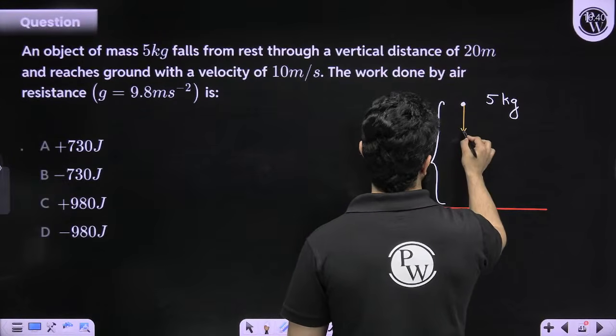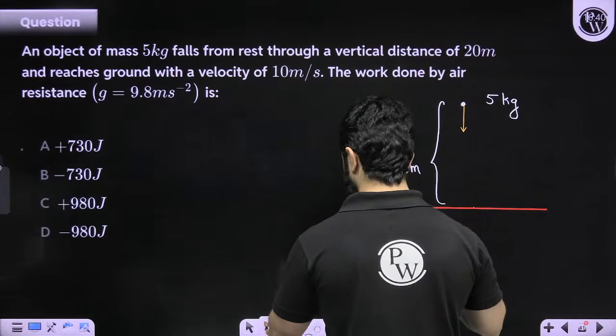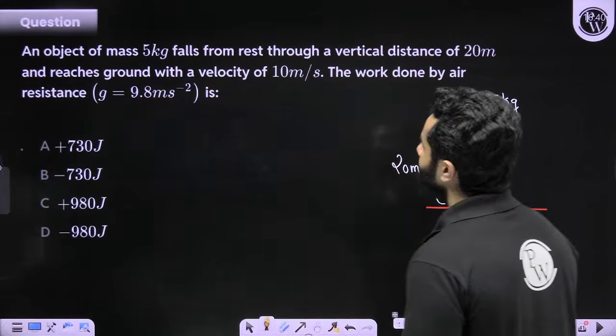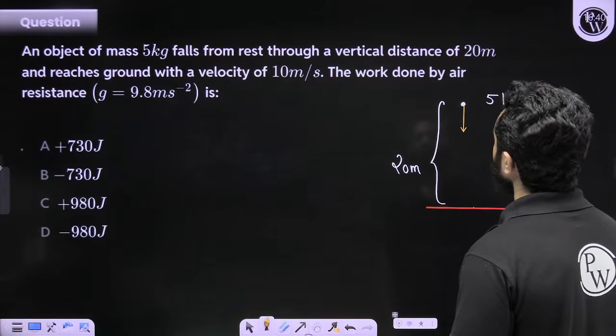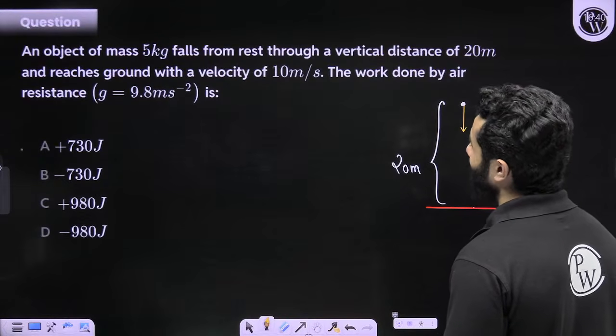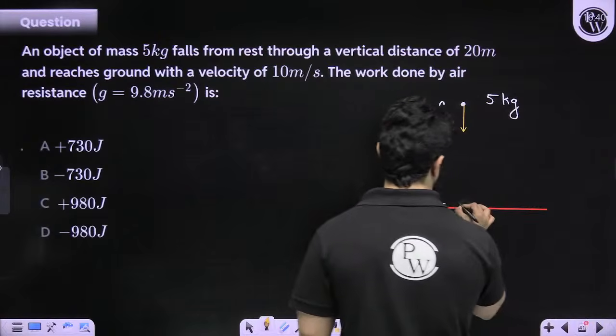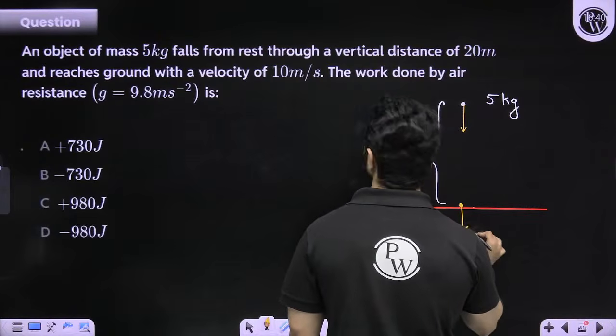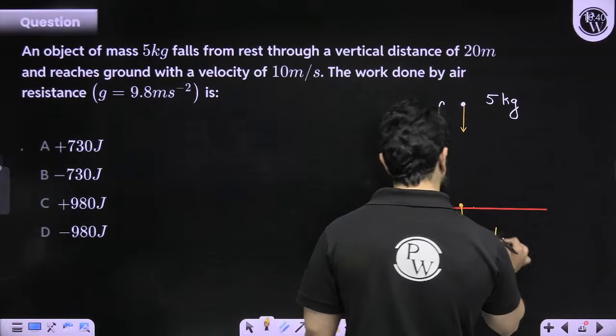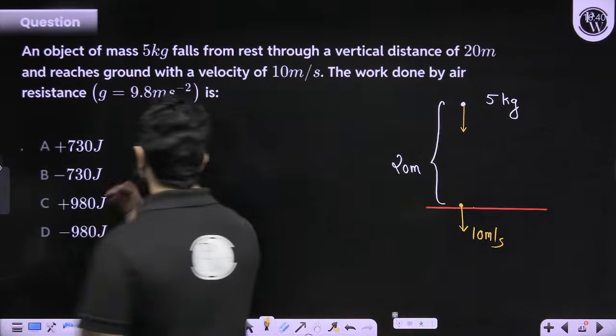And then the work done by air resistance, and it reaches the ground with a velocity of 10 meter per second. Again, I'll tell you the same thing.